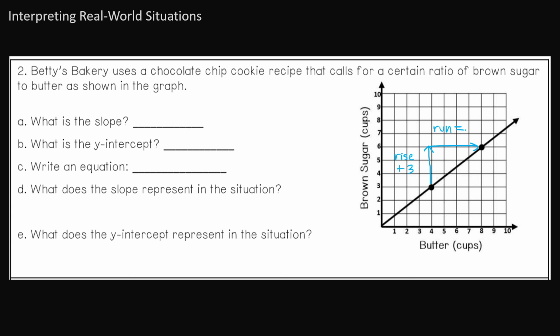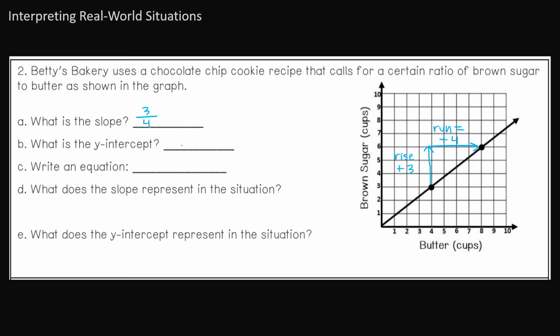My run, my change left to right between the points would be from the x value 4 to the x value 8. So from 4 to 8, 1, 2, 3, 4. Positive 4 would be my run. So if I put this together, my rise is 3, run is 4, my slope is 3/4. We're going to keep the fraction.